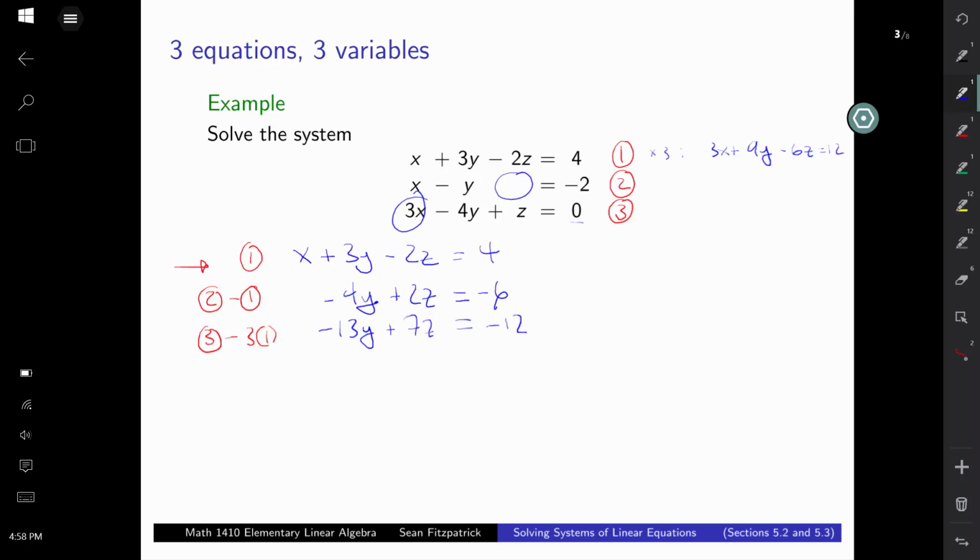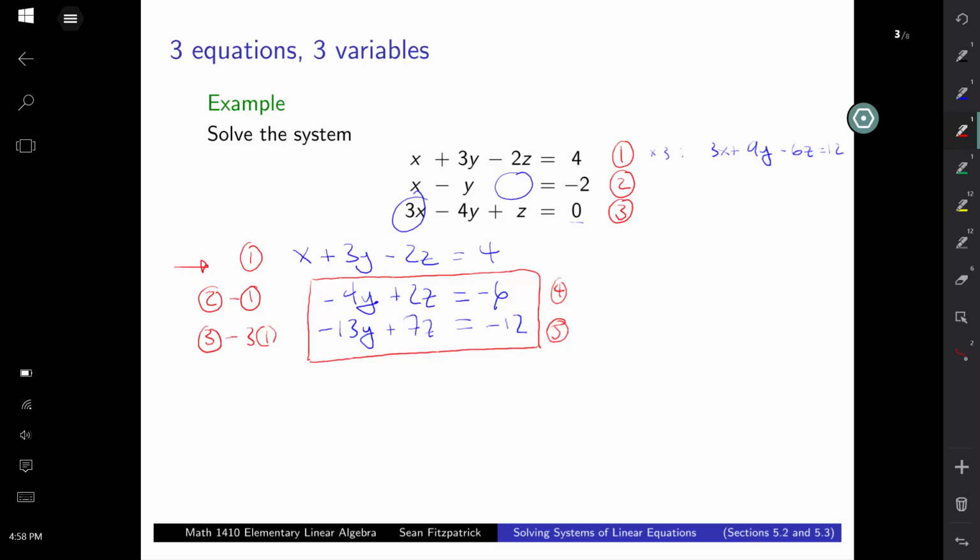So now what I can do is I can say, okay, let's ignore the first equation for a minute, and let's focus on these guys. So these are going to be some new equations. Let's label these 4 and 5, right?